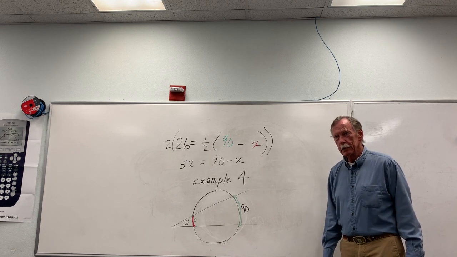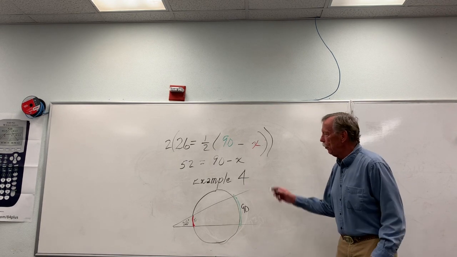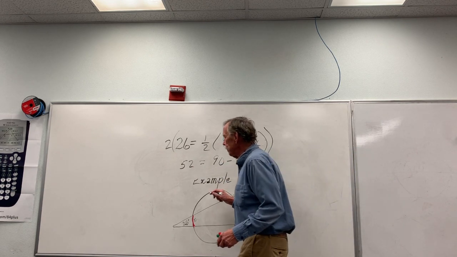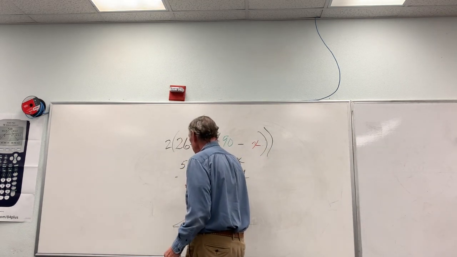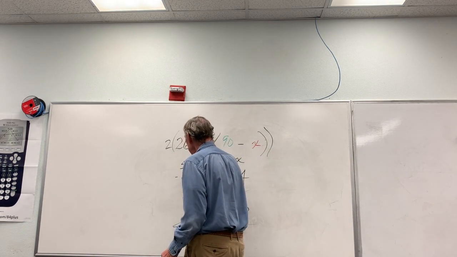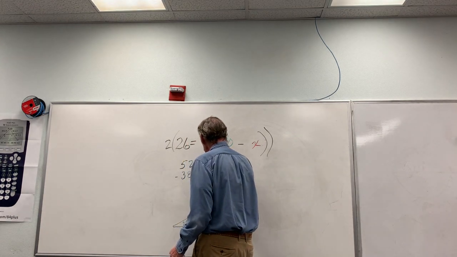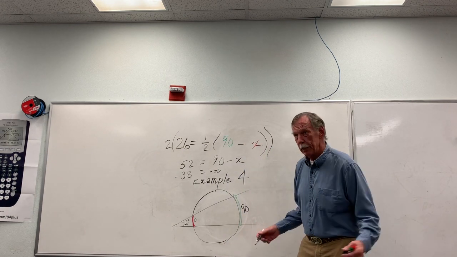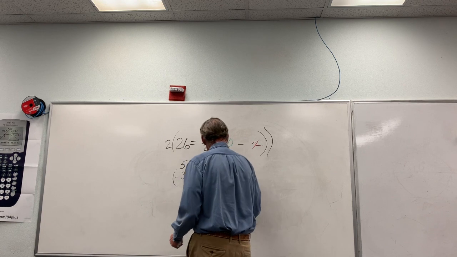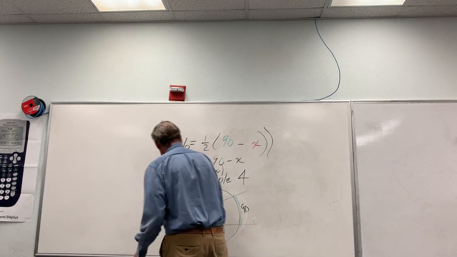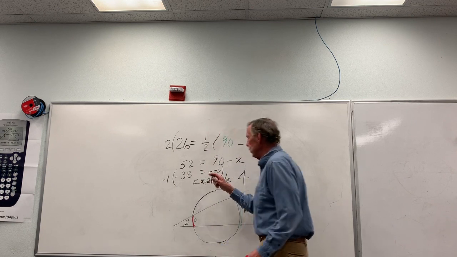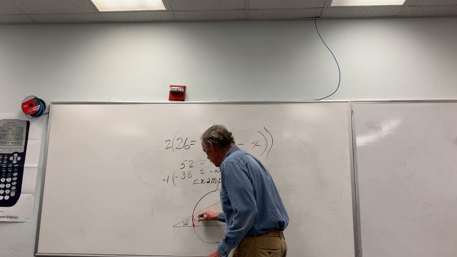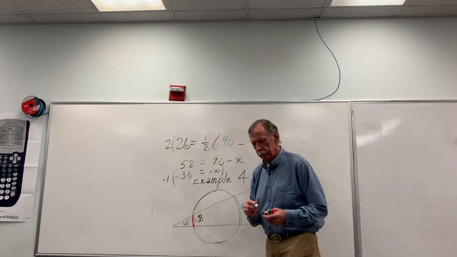Got it? Now, if negatives scare you, we can move the x over here, but if they don't, worry about it. We're going to subtract 90 from both sides, and on this side, we'll have minus 38, and on this side, minus x. Multiplying both sides by minus 1 gives us 38 is x. So this piece here, that arc, is 38.